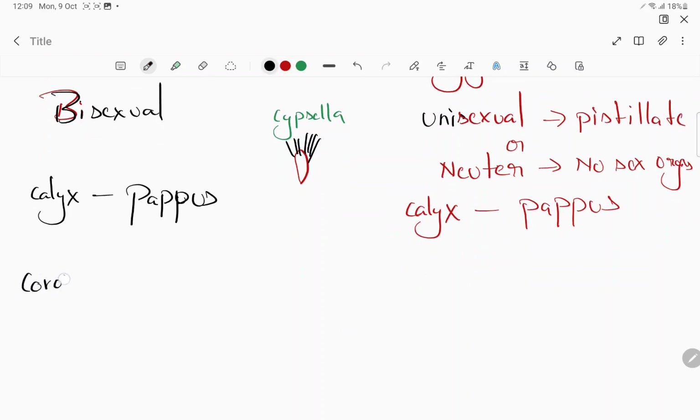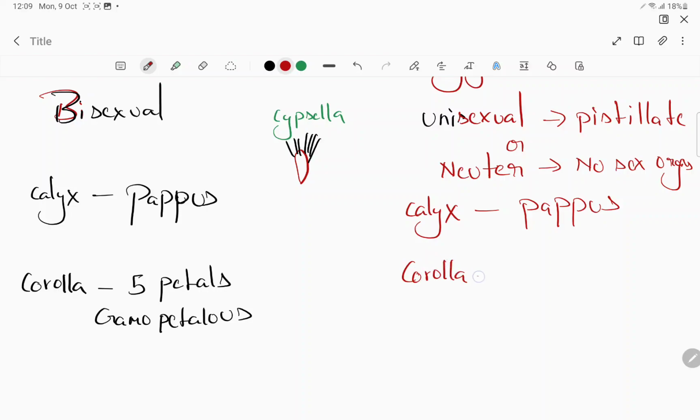And next, corolla. We have 5 petals and gamopetalous. Here also, coming to the corolla, 5 petals, gamopetalous, but all the 5 are fused to form one ligulate structure, a tongue-like structure. Ligulate means tongue-like structure.